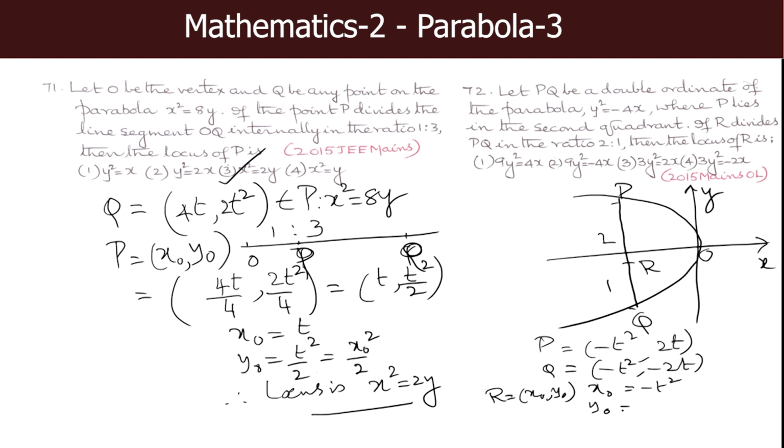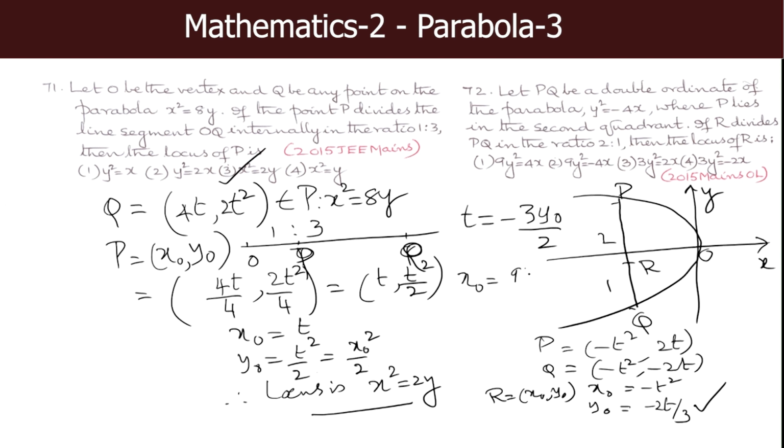For y naught, you have to apply 2 into the y coordinate of Q, minus 2t, minus 4t, plus 1 into 2t, minus 2t by 3. So, eliminating t from this, you get t equal to minus 3y0 by 2 from the second equation, and x naught equal to minus t square.